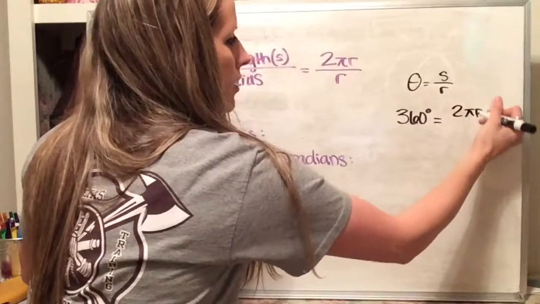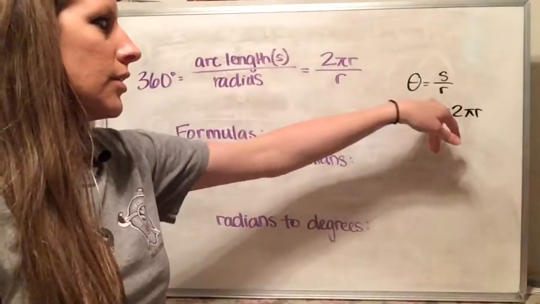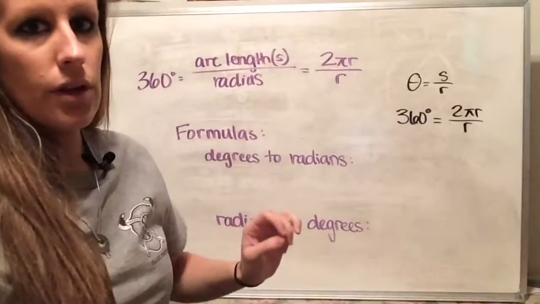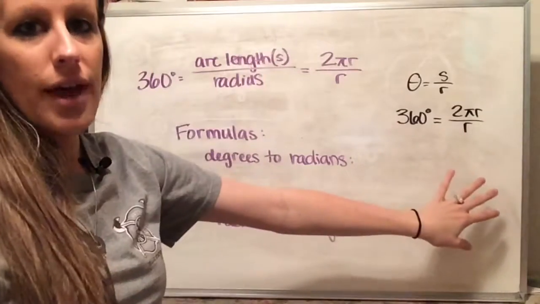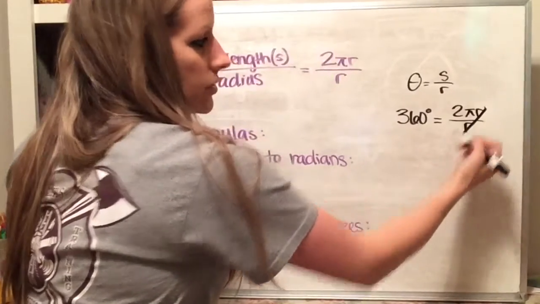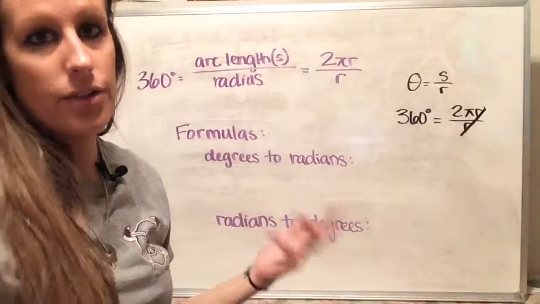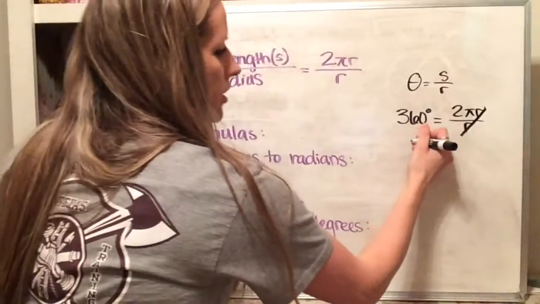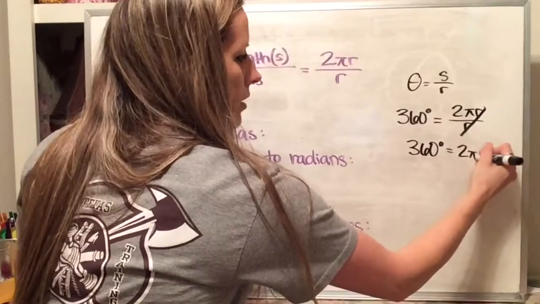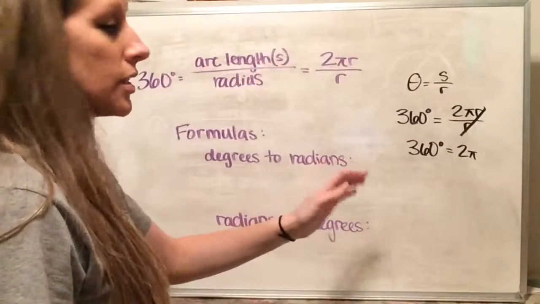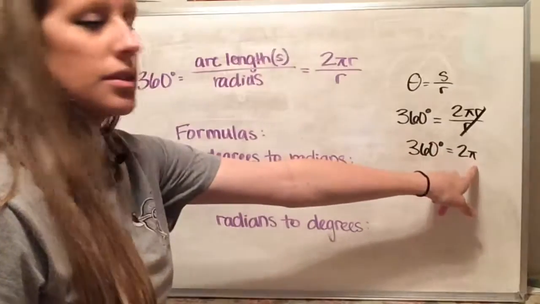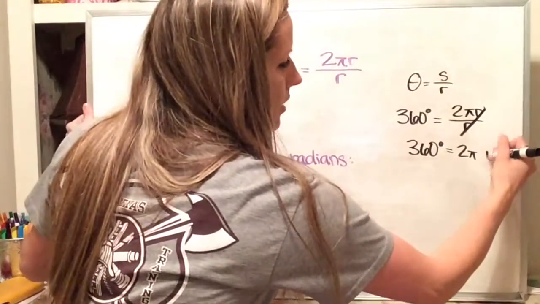And then your radius would still be r. So if we were to simplify this, the r's will cancel, right? R divided by r, those will cancel. So 360 degrees equals 2 pi, right? So this is showing you 360 degrees equals 2 pi radians.